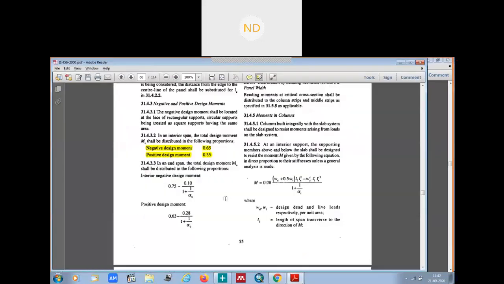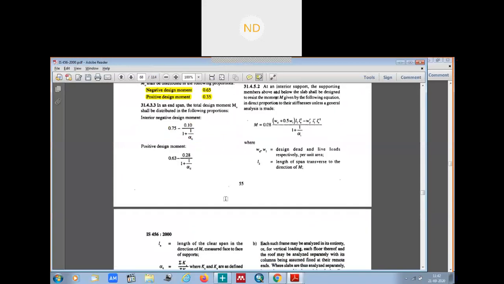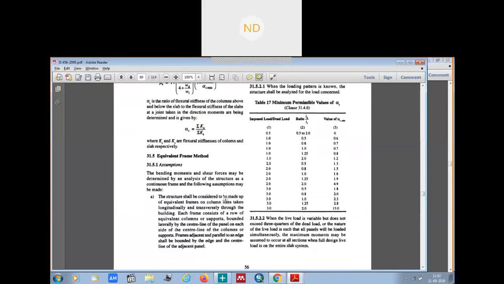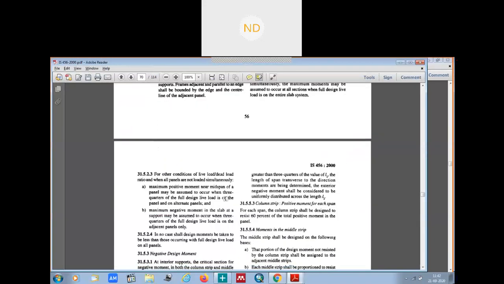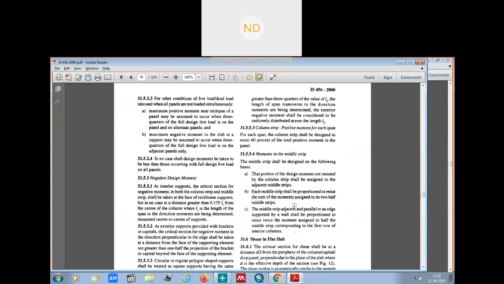And this 0.60, if we go again to page number 67, here you will see for the column strip positive moment, for its span, the column strip shall be designed to resist 60% of the total positive moment.